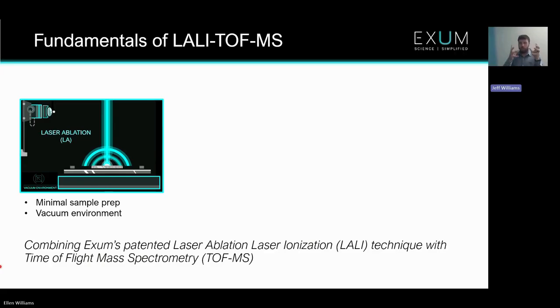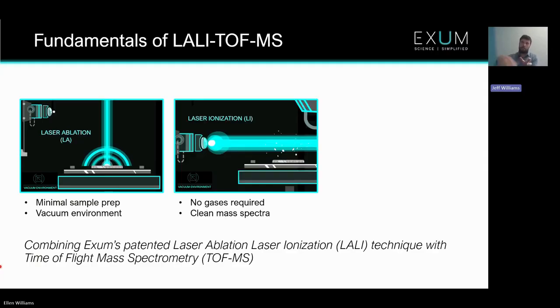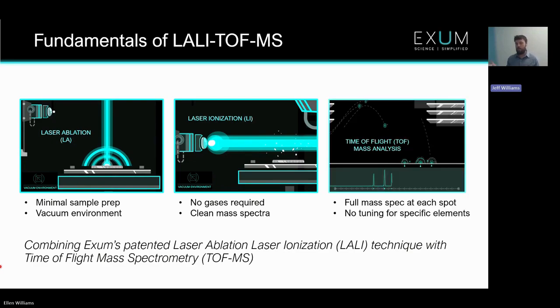So we want the particles in the cloud to look like the solid that we ablated it from, right? And then we're going to take in another laser and we're going to saturate that cloud. And we're going to rip off an electron, turn it into an ion, and we're going to go right into a mass spectrometer from there. And the advantage to that is we get all of the elements, because we're saturating that whole plume at every single laser shot. So you can analyze your whole sample.